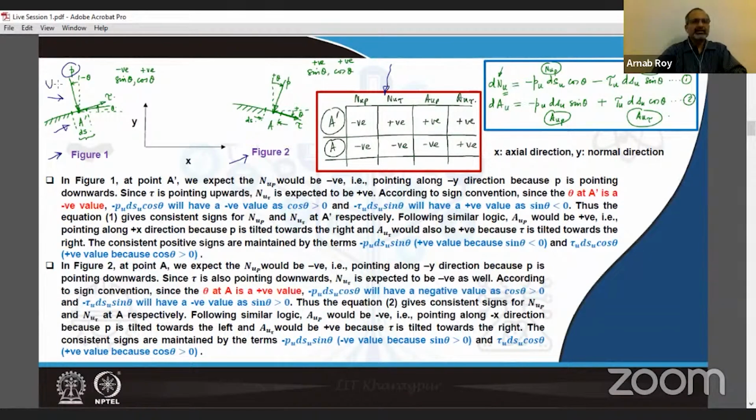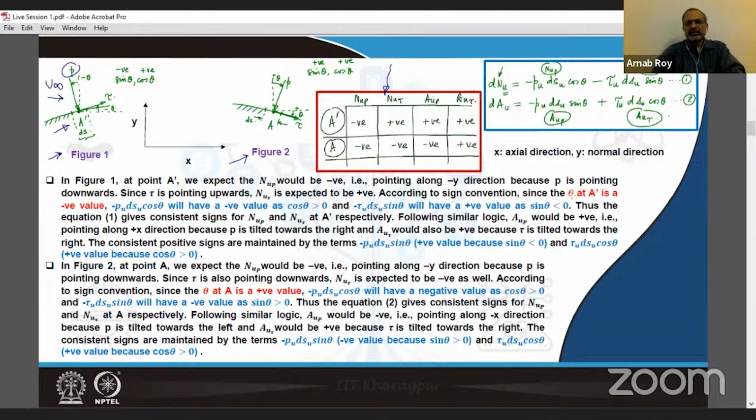We are assuming, of course, that the flow is approaching the body from the left. In that situation, we can expect that NUP would be negative because it's pointing along the negative y direction, and that's because P is pointing downwards. And then since tau is pointing upwards, NU tau is expected to be positive.